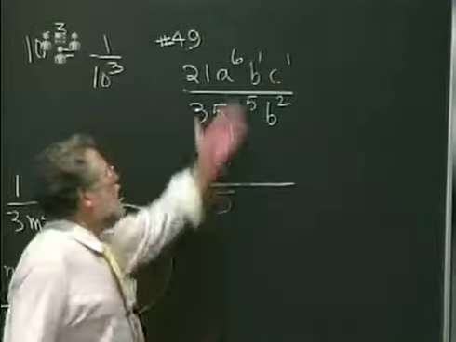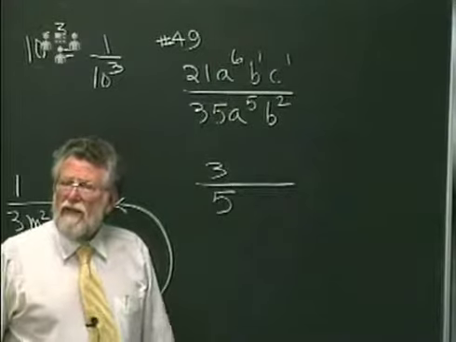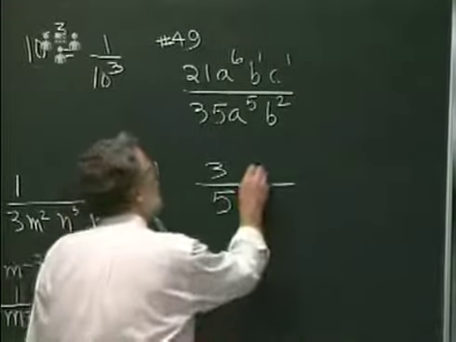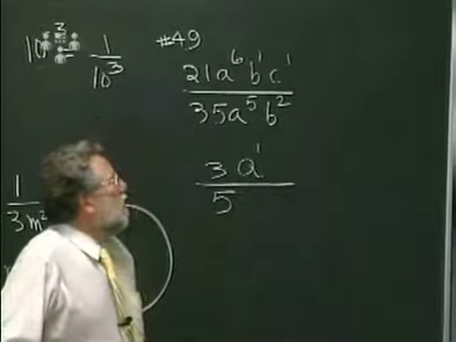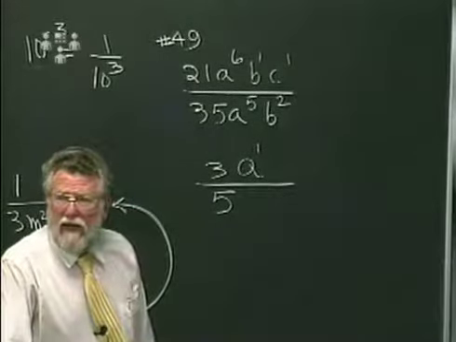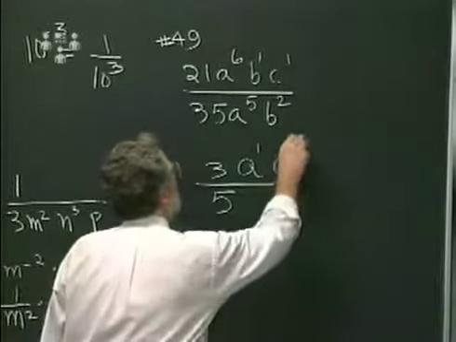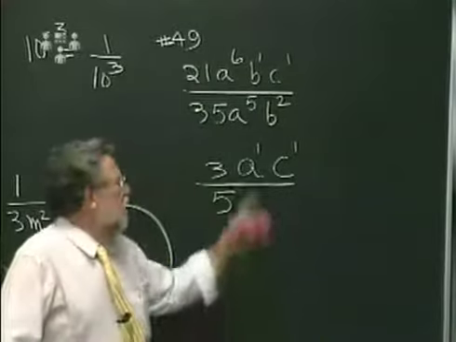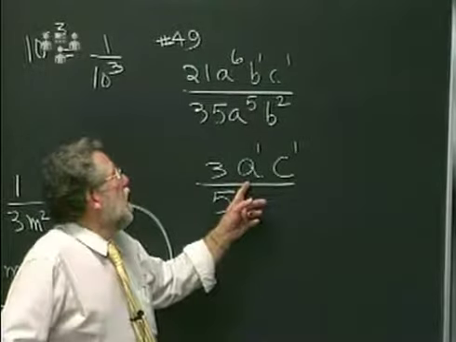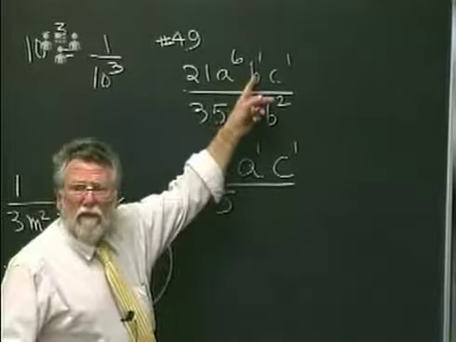Now, a to the 6th over a to the 5th, it's a to the 6 minus 5. You might have been able just to say a to the 1st immediately. The c to the 1st, I don't have anything I can do with the denominator, so I'm going to write c to the 1st. I'm getting there. I have a b to the 1st over b to the 2nd.